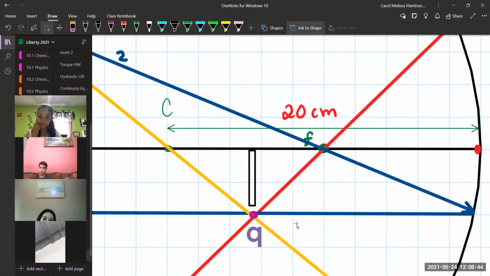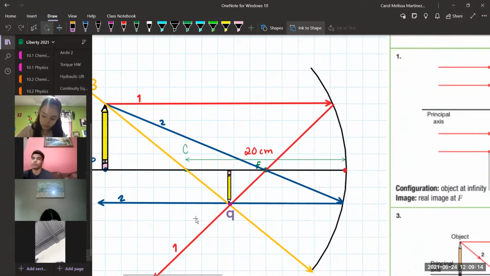And also, as you can see, it's also going to be reduced. Okay, that's my pencil.